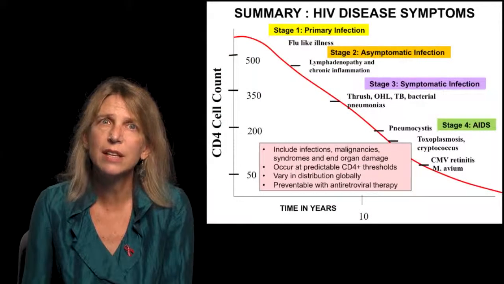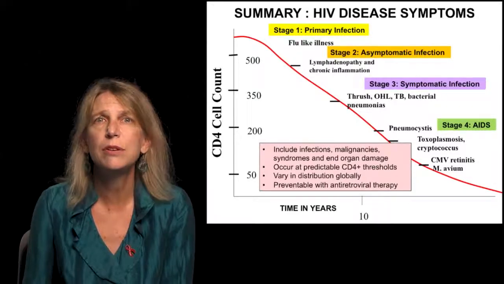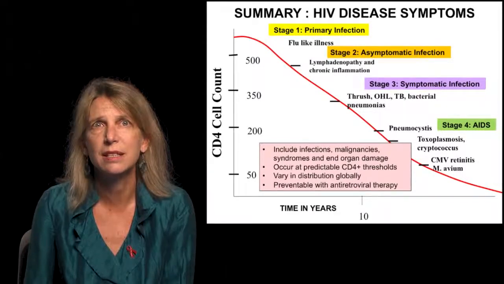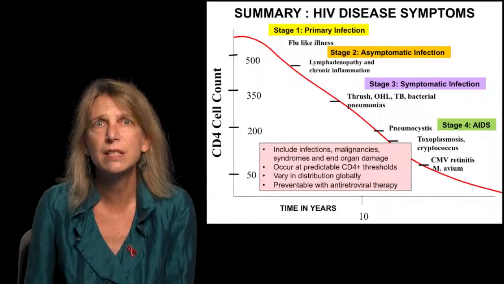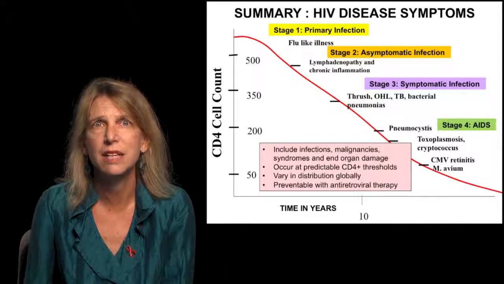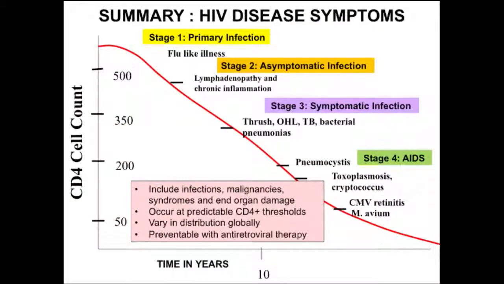We started this lecture asking the question, how do patients with HIV present? The answer to that question is it depends on the disease stage. As we have discussed, in stage 1, primary infection is characterized by a flu-like illness.